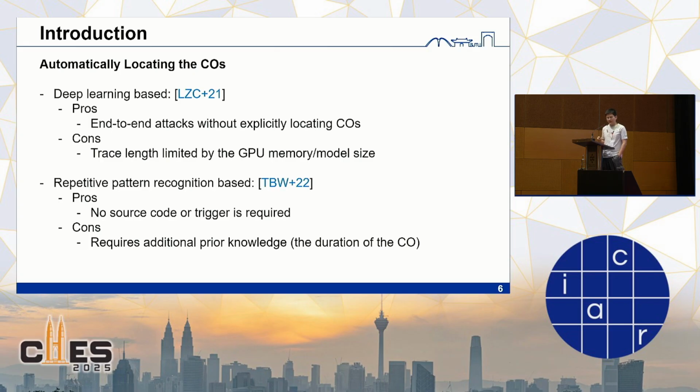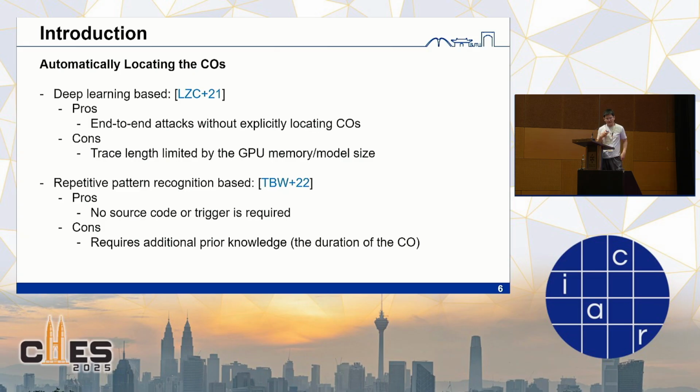However, this approach is of course limited by the model input size. So you still have to first narrow your input trace down to some range and make sure it contains the target COs, right?